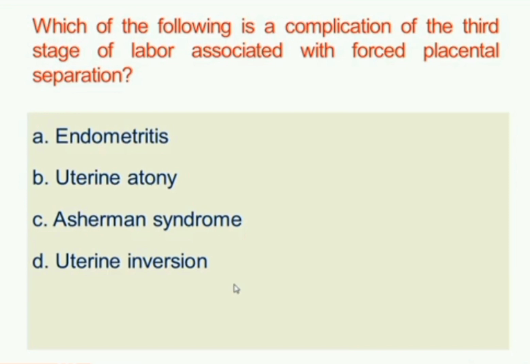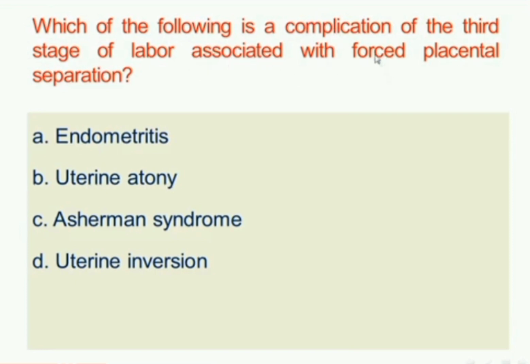Because of the forceful separation of the placenta, this results in uterine inversion, and you must know the steps of replacement of uterine inversion, and it is basically an obstetrical emergency.